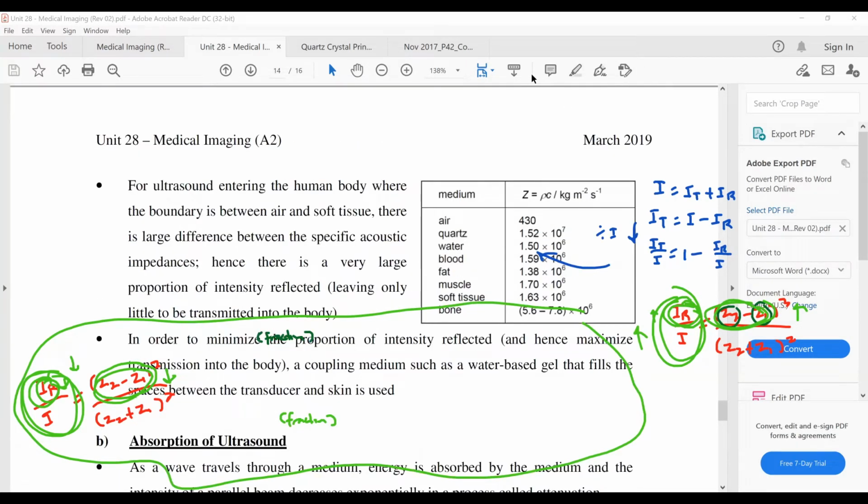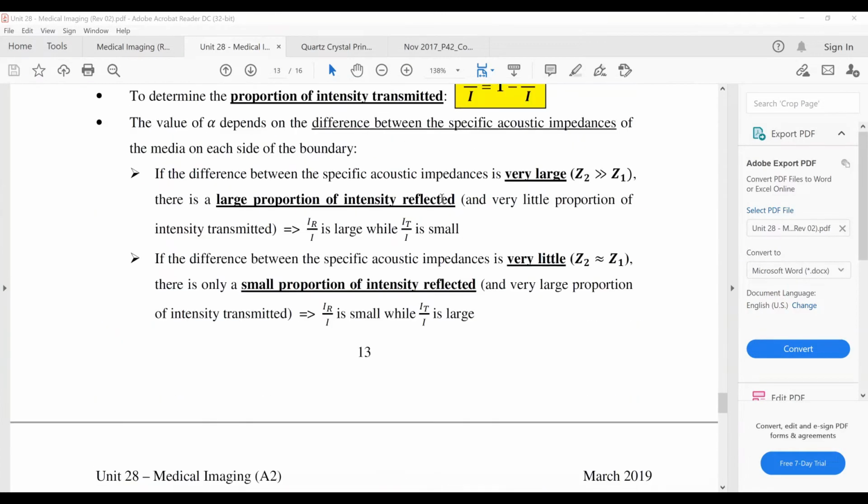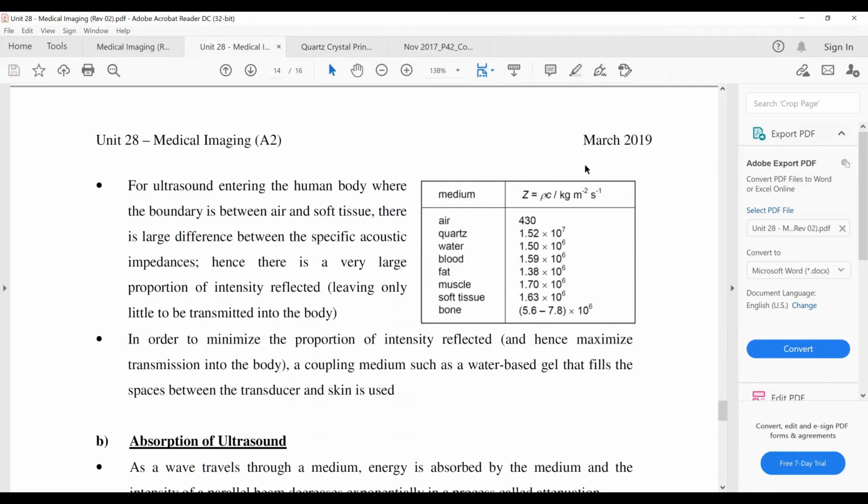Now that you know that the difference between the specific acoustic impedances will affect the intensity reflected, you will sometimes be asked to explain why in certain cases we use certain things.